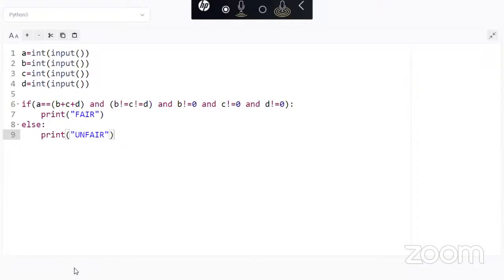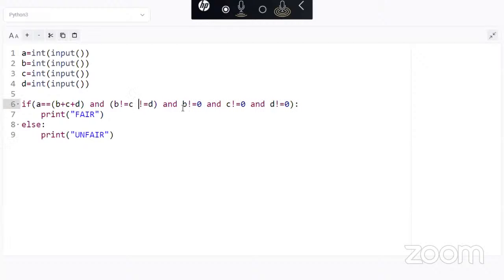Is it visible, sir? Yeah. It is. Double equals. So in line number 6, instead of having that B not equals C not equals D, can you change it to B not equals to C and C not equals to D and D not equals to B? Can you do that?